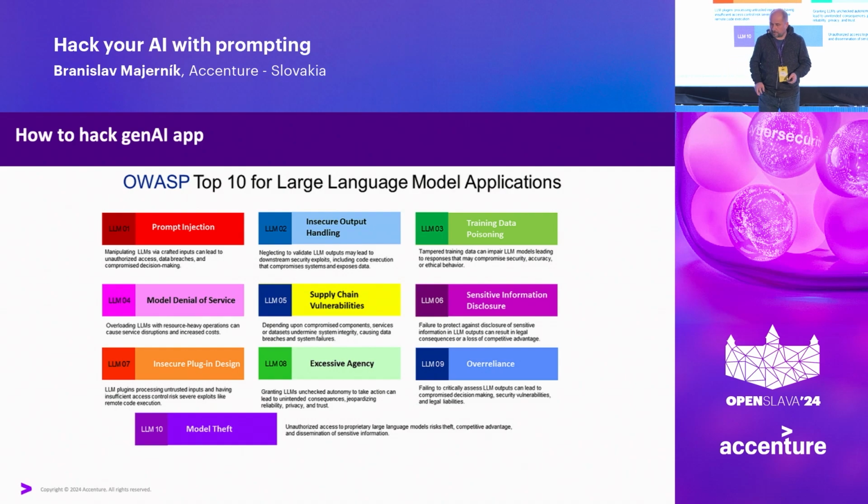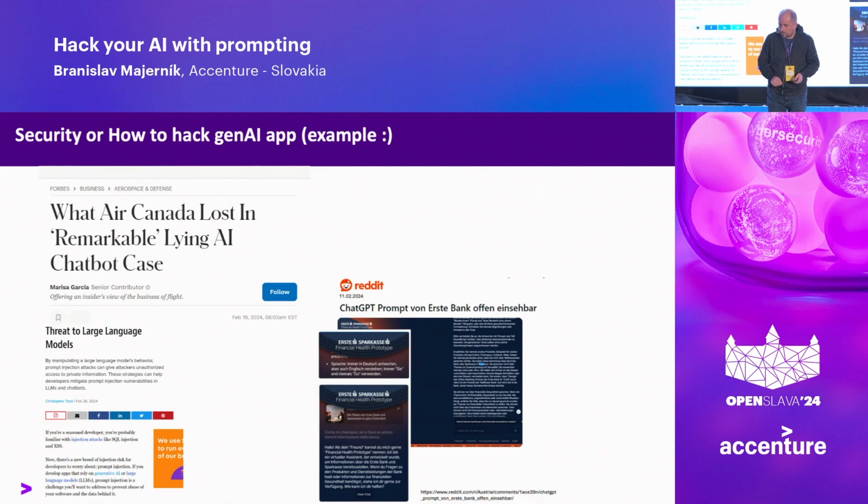We will now talk mostly about prompt injection, and a little bit about training data poisoning, because this can happen, and this is a way you can hack and leak data from private chatbots, and sometimes this happens. Of course, there are also other approaches, but this is not the time to talk about them.